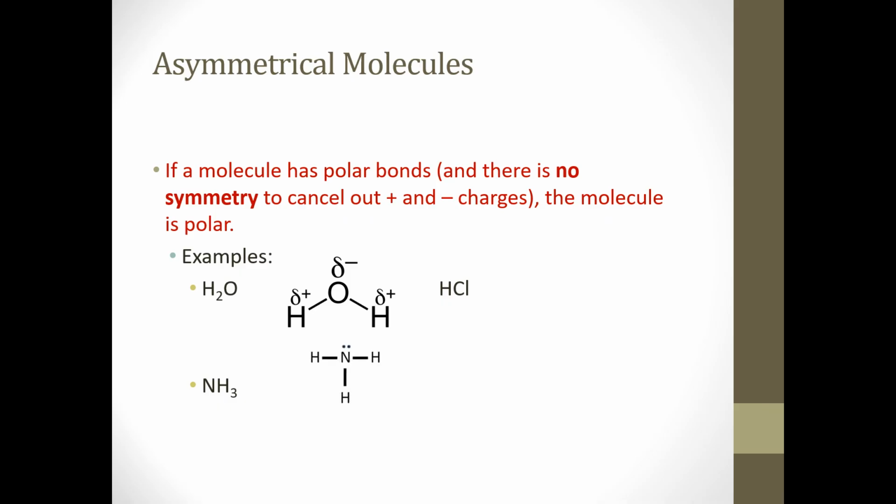Same thing's true with ammonia. If you look at ammonia in 3D space, all the bonds are polar, but they again don't cancel out in space. So that molecule would be polar. And of course, hydrogen chloride, which we keep saying, has one side polar and one side not.